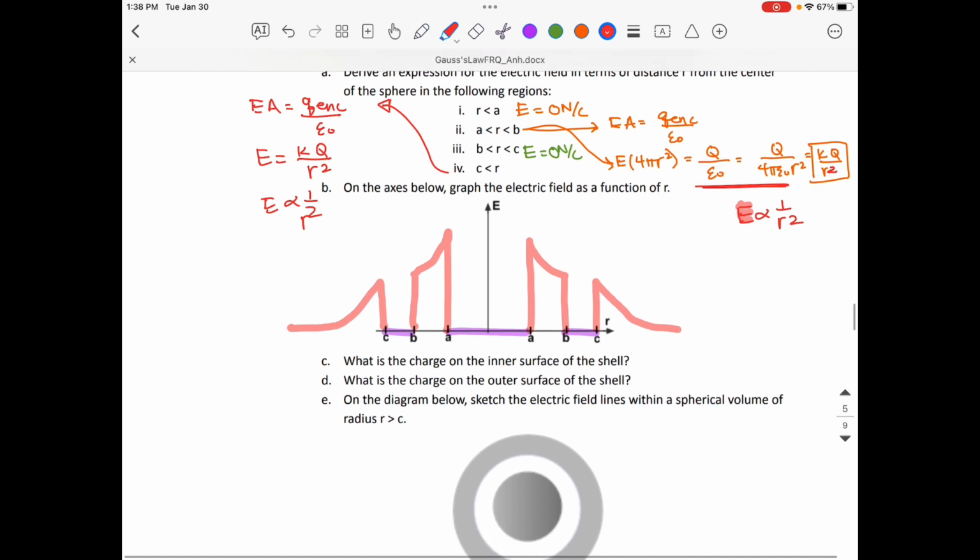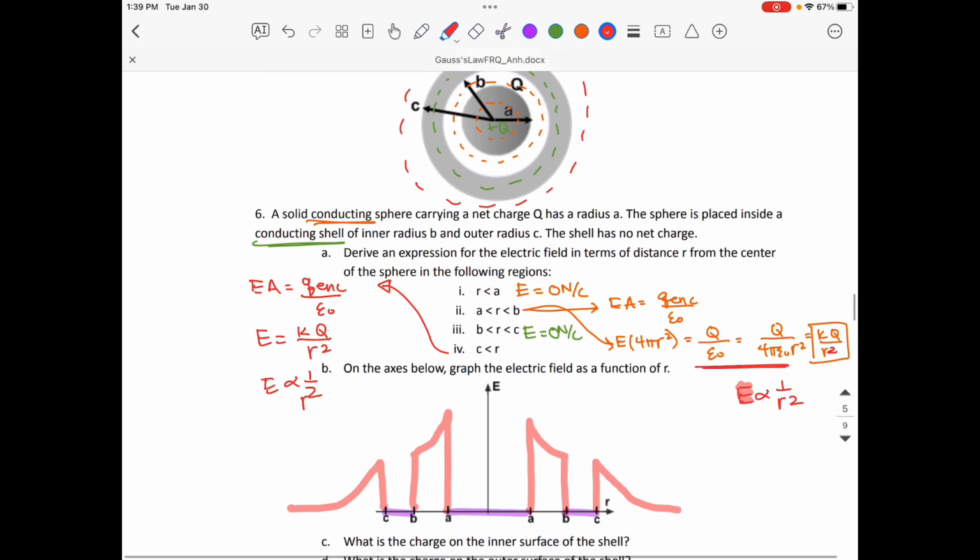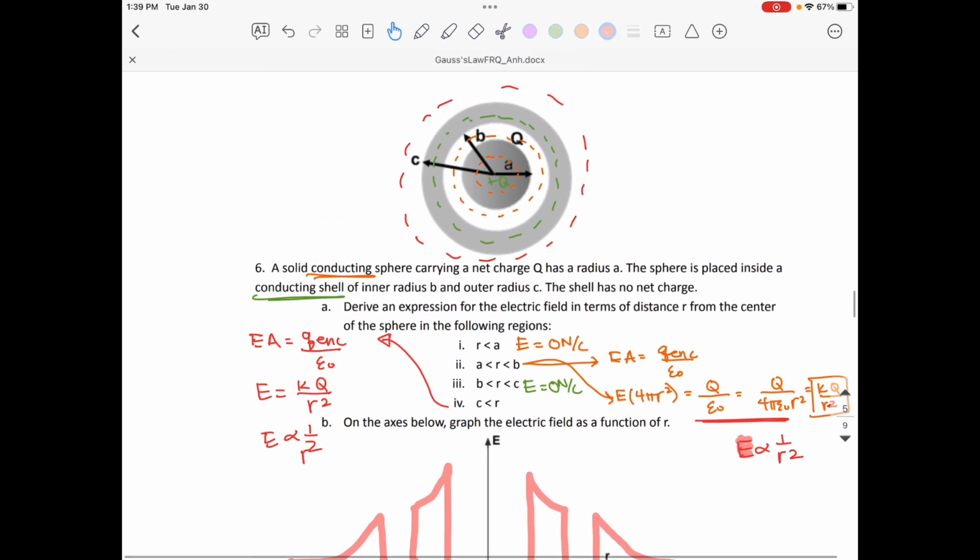And then the charge on the inner surface of the shell, so I'm going to erase a lot of these dotted lines. What we want to look at is the fact that if we have a positive charge on our inner surface, the positive charges, and I'll just draw 4, are going to go to the outside of our shell because it's a conductor.